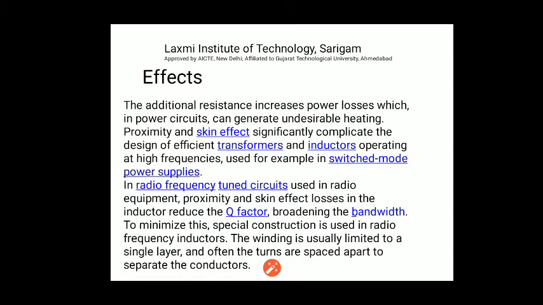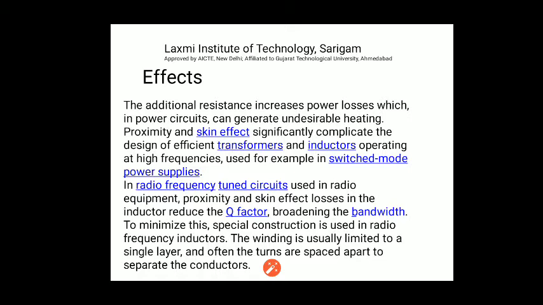Next we will discuss the effect of the proximity effect. The additional resistance increases power losses, which in power circuits can generate undesirable heating.